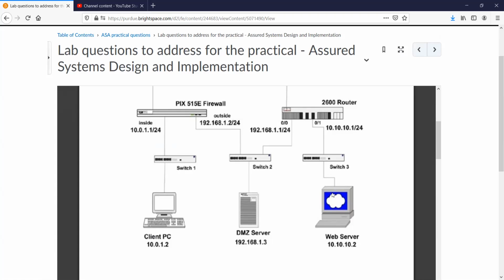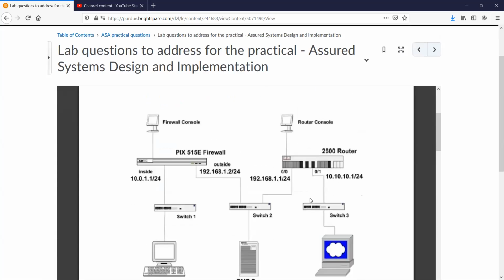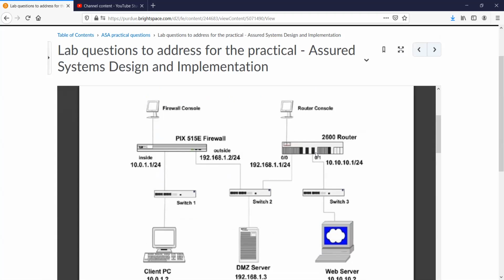So anything, you can see the little cloud there. So anything on switch 3 is the internet. And this is a router. Both of these have ACLs. It just so happens that this one has more restrictive ACLs than this one.